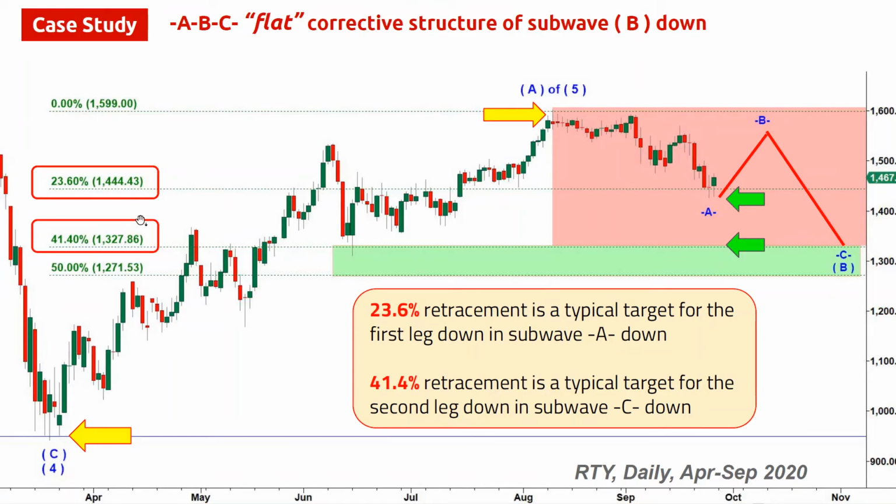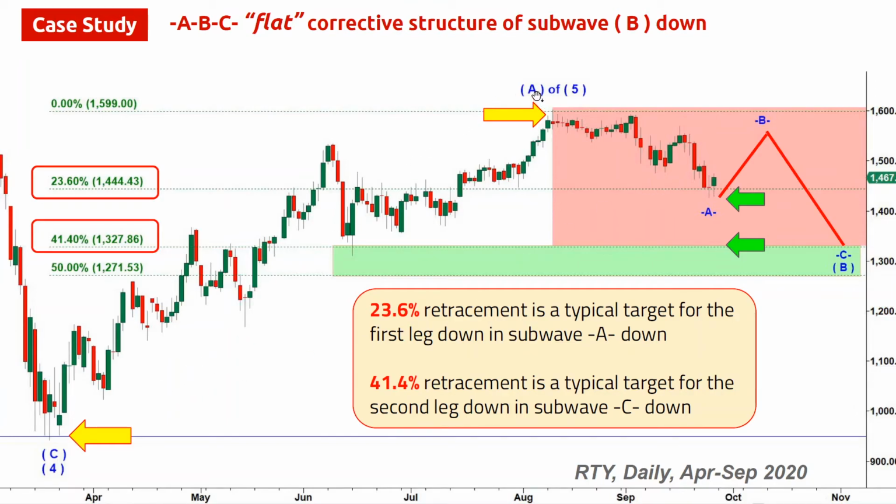And we normally focus on 3 retracement ratios: 23.6%, 41.4%, and 50%. What you should remember is that 23.6% retracement is where normally the first leg down finds support. And this is exactly what happened in this particular case.